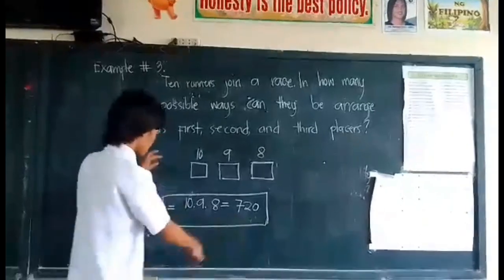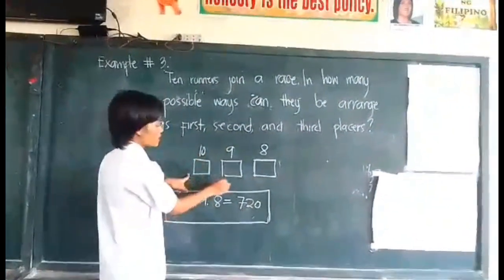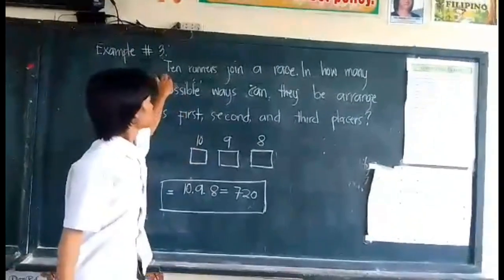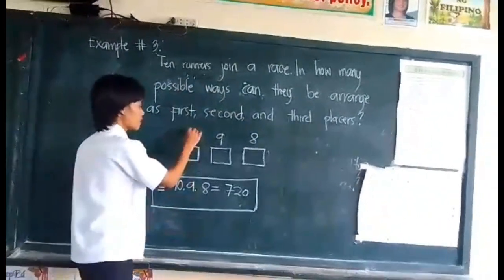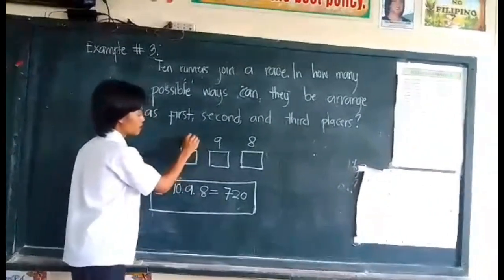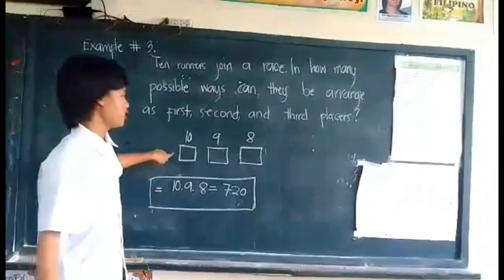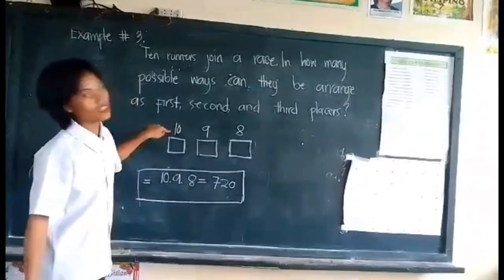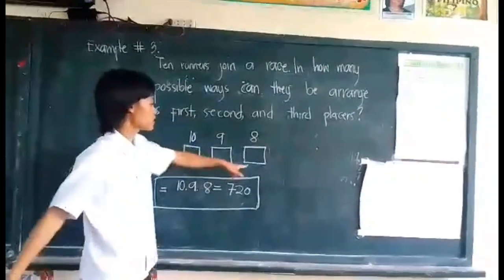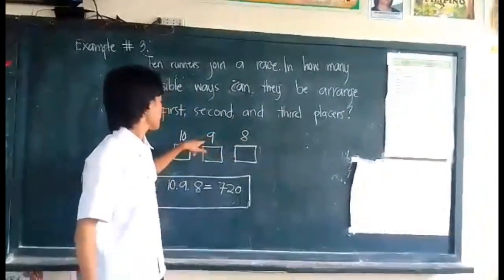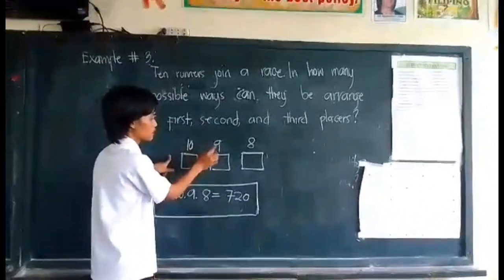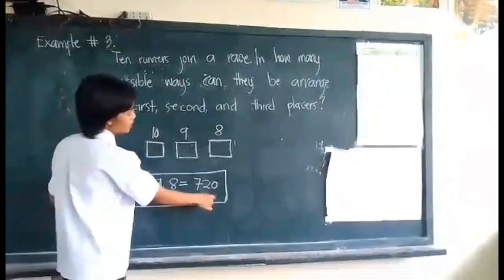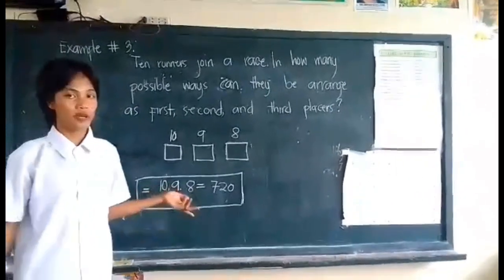For the first prize, there are 10 runners who can win. For the second prize, there are 9 left, since one has already won. Then for the third prize, there are 8 left, since two have already won first and second. So 10 times 9 times 8 is equal to 720. So, there are 720 possible ways.